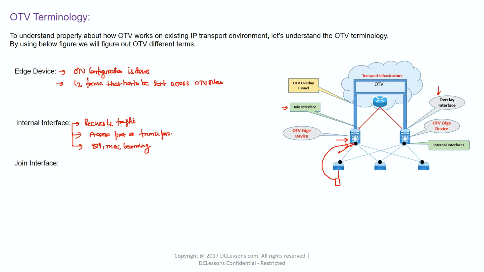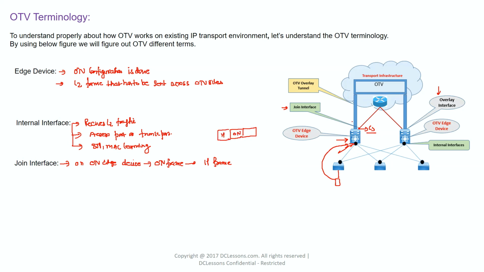Now, what is the join interface? This is your join interface, a layer 3 interface. Join interfaces are those interfaces on the OTV edge device that send the OTV frame encapsulated in an IP packet, and then layer 3 routing happens from one side to the other. So you have a normal Ethernet frame, then the OTV header, and then your IP header.